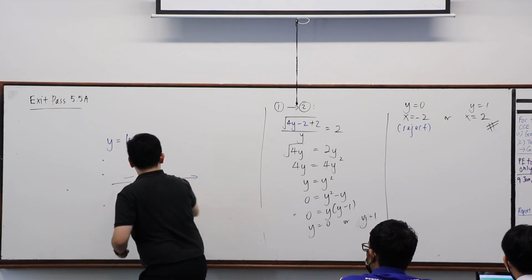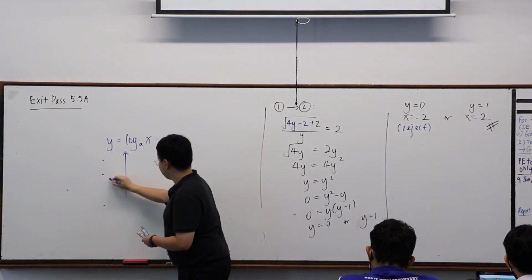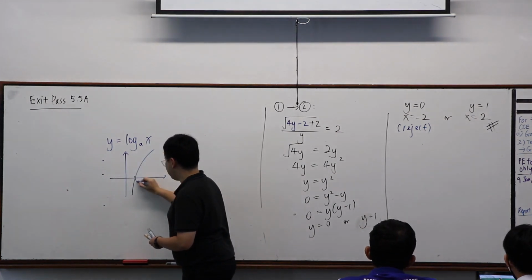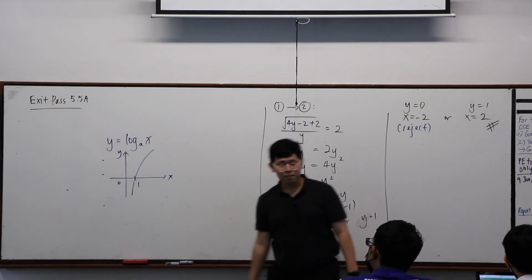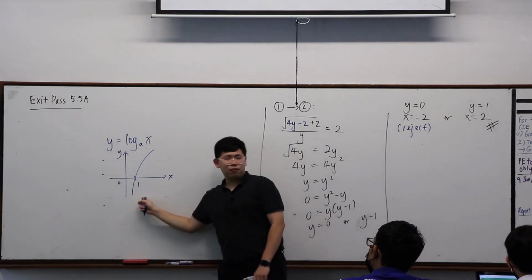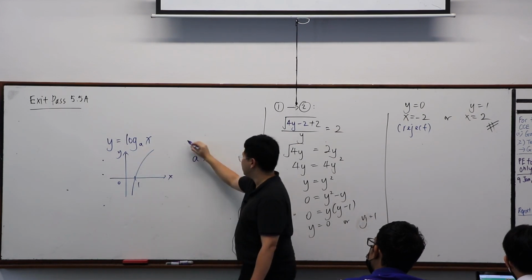So the logarithm graph means like this. Now this graph is when a is more than 1, when the base is more than 1.